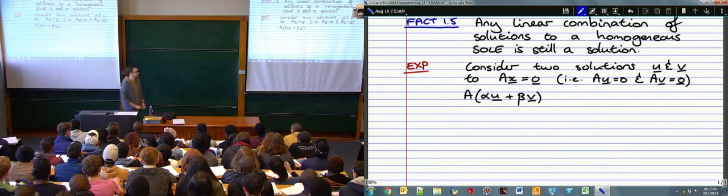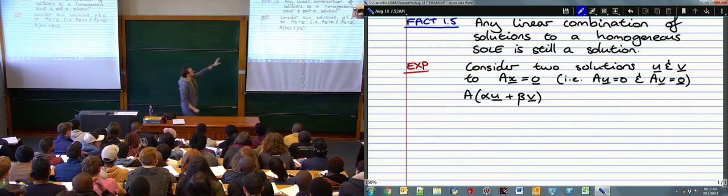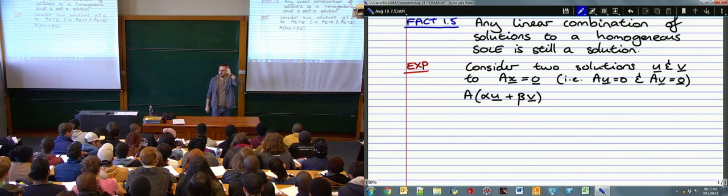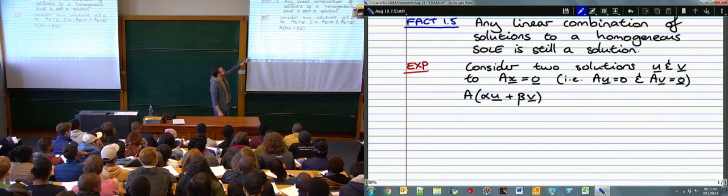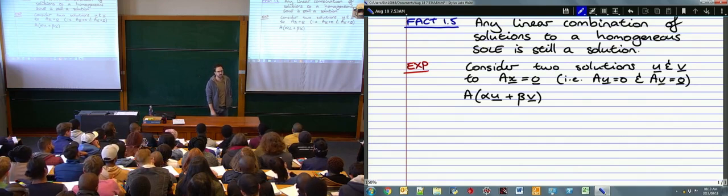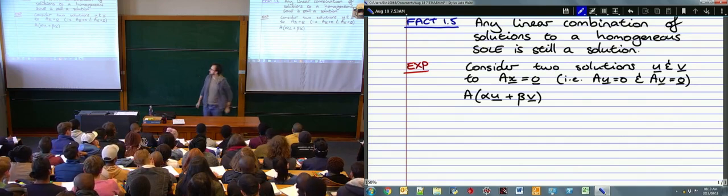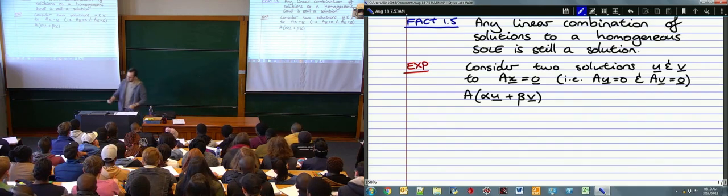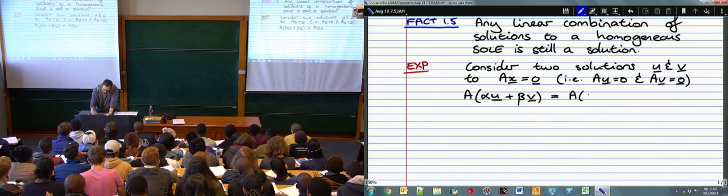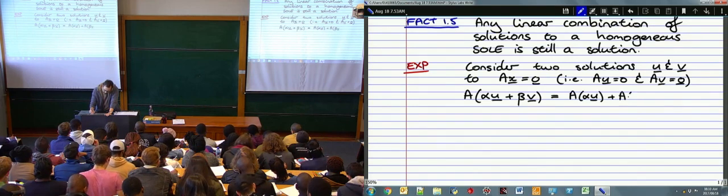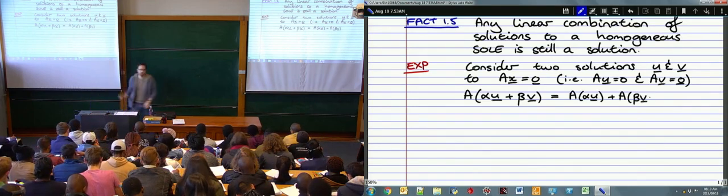Okay, sure. So there's something about pulling these constants outside. We said yesterday that this linear transformation respects vector addition and it respects scalar multiplication, right? So let's split it up in terms of the addition first. This is the same thing as A acting on alpha u plus A acting on beta v.